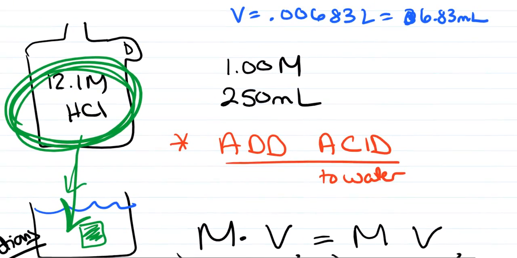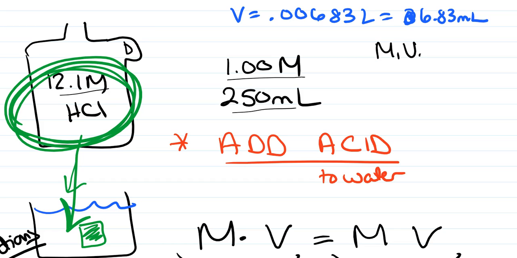So if I go back to this problem before, where I had 12.1 molar concentrated solution, and I wanted to make 250 mLs of 1 molar, I'll figure out how to do that. First, I've got to figure out how much of my concentrated solution I need. So I'm going to use M1V1 is equal to M2V2. My concentrated solution, I've got a 12.1 molar. I have an unknown volume.